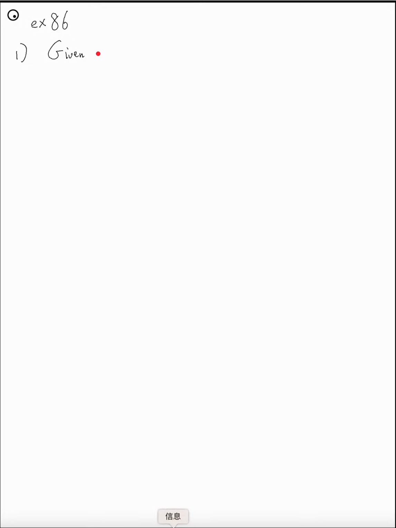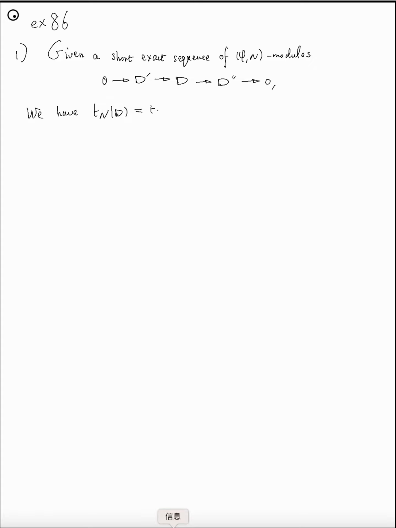Given a short exact sequence of Fourier modules, 0 to D prime to D to D double prime to 0, then we have the Newton number of D equals the Newton number of D prime plus the Newton number of D double prime. So it's additive.